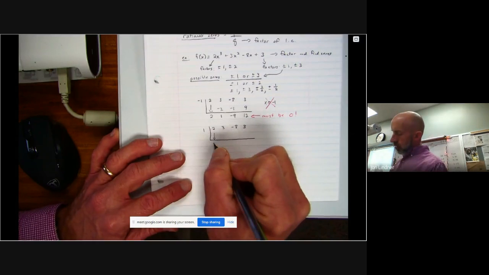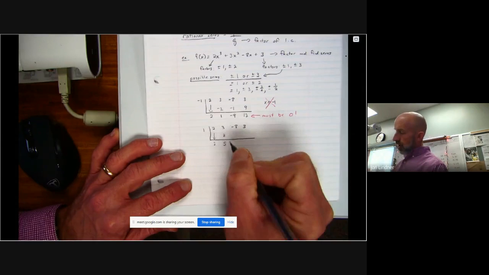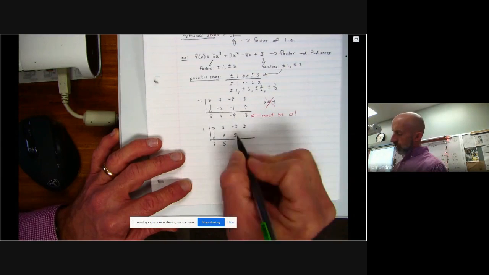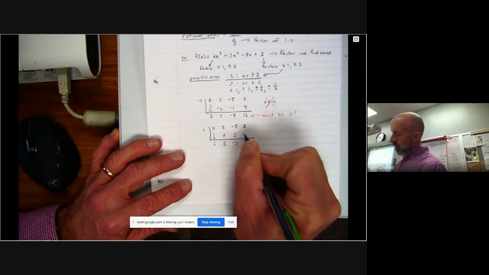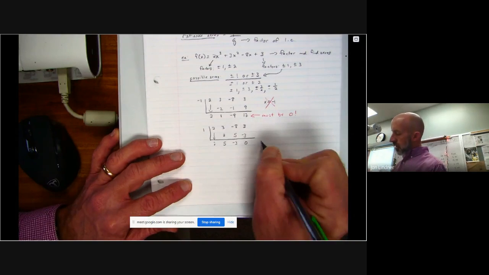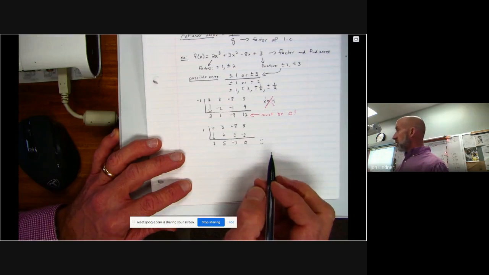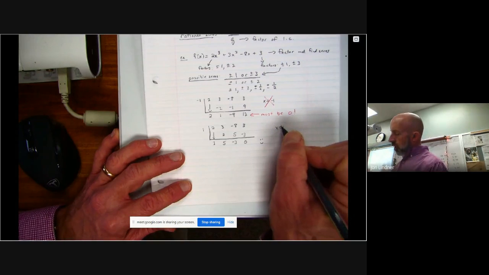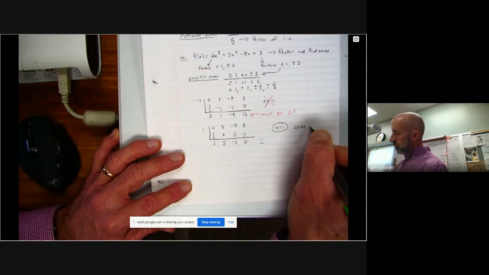Bring down my 2. 1 times 2 is 2. 3 and 2 is 5. 1 times 5 is 5. -8 and 5 is -3. 1 times -3 is -3. And yay for us, we have a remainder of 0. That means that x equals 1 is one of the zeros. Big check mark.